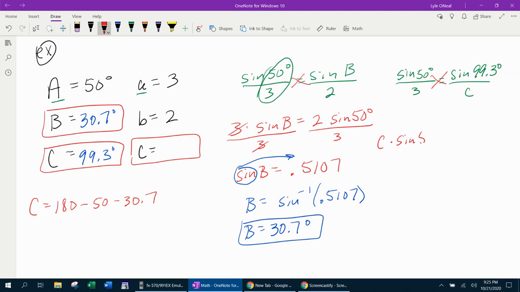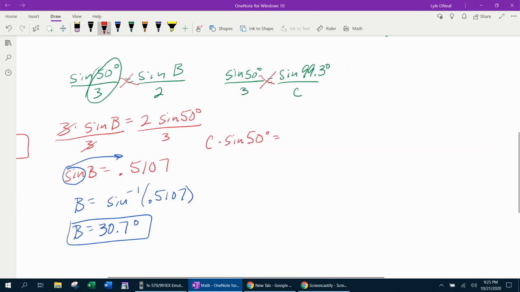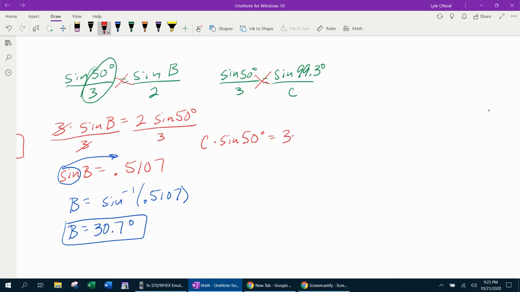C times sine of 50 equals 3 sine 99.3 divided by sine of 50. And to the calculator.